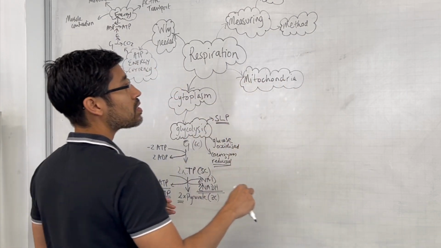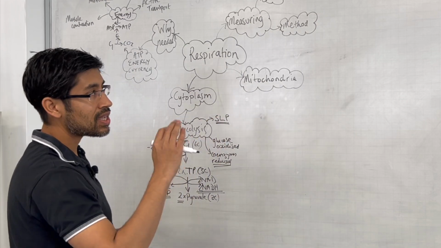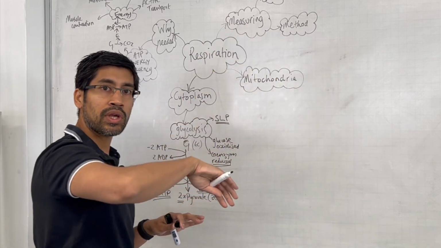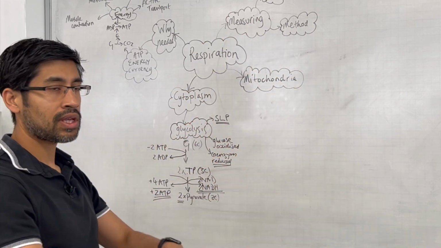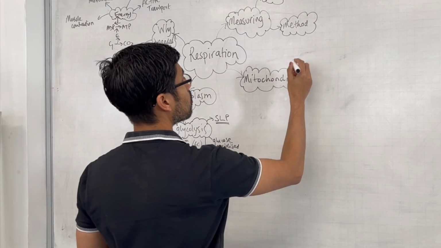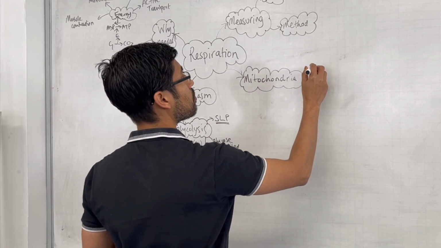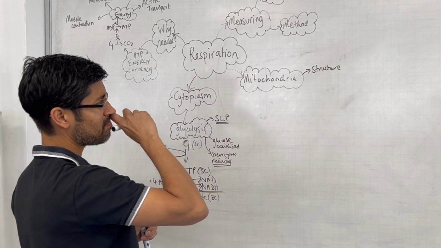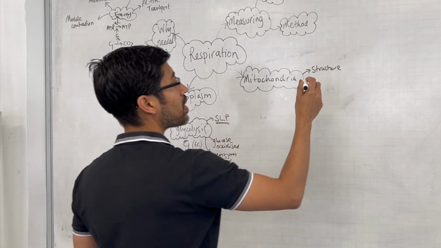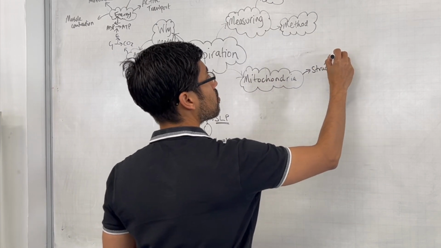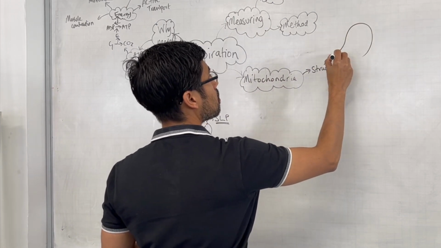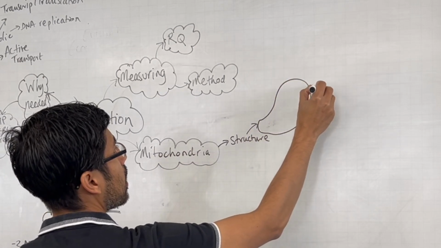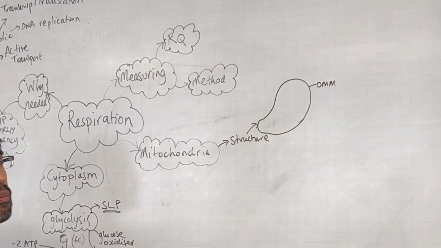Before we get into it too much, I will just do a quick overview of the key structural elements of the mitochondria that we need to know, and then we'll get into where the reactions happen and so on. So mitochondria, first thing we look at is structure. Actually, do I even need to draw it? I guess I should. Okay, so the structure: we have an outer mitochondrial membrane.